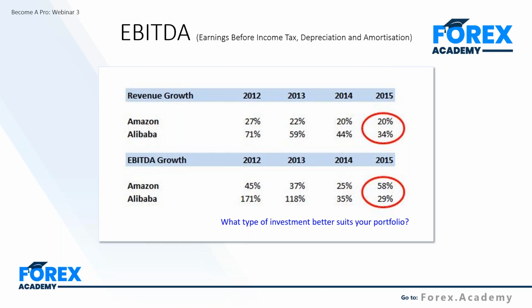As you can see there, leading up to 2012, 13, 14, and then 2015, very significant. The revenue growth is a percentage of 20% relative to Amazon and 34% relative to Alibaba. However, the earnings before interest, tax, depreciation and amortization has a huge skew, with Amazon, of course, making 58% over the market in relation to Alibaba's 29%.